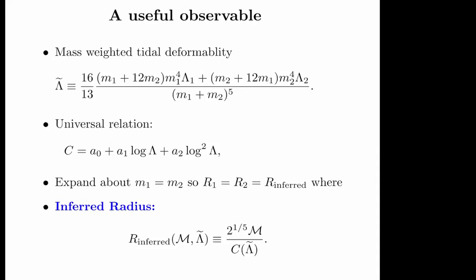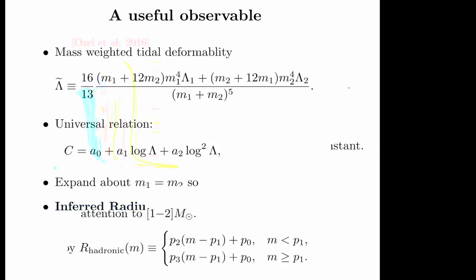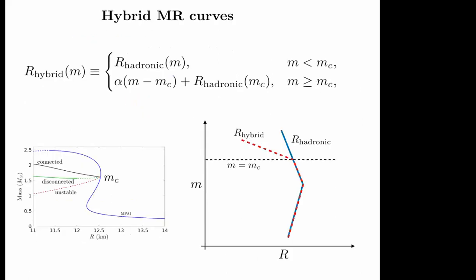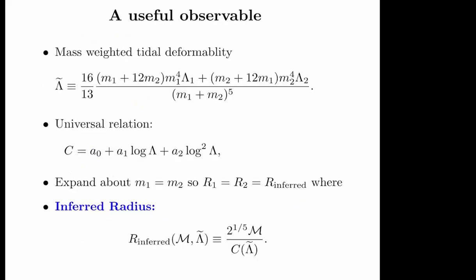Okay, so if we go back to this slide right here, for these MR curves that are essentially vertical lines, if we collide two neutron stars with one of those MR curves as the MR curve of the neutron stars, then this inferred radius gives you a very good measure of the actual radius of the neutron star. So you can determine the radius from the chirp mass and from lambda tilde, two things that LIGO can measure.